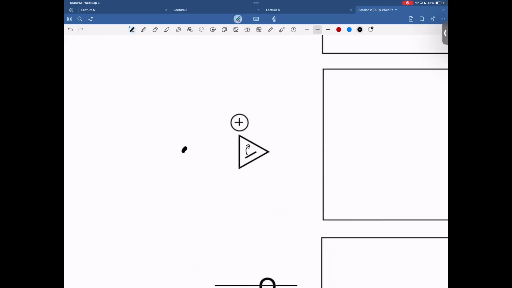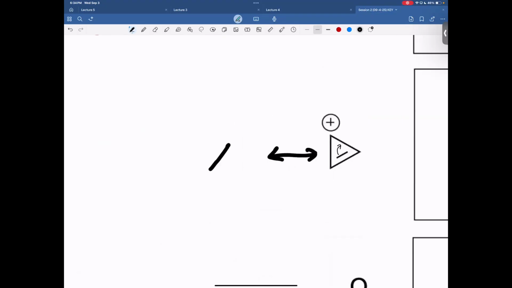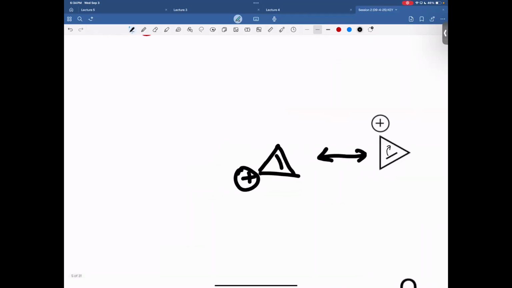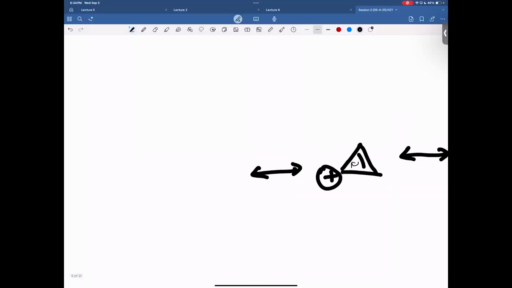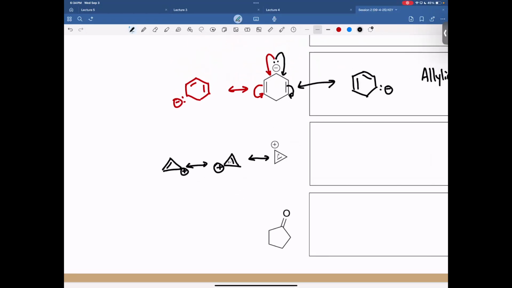You would get this right here. And you can continue this again. It's a bit cramped, but if you take this and bring this here, that means we can get this structure. They're all the same structures, by the way, but like I said, it's good practice to draw all the resonance structures.